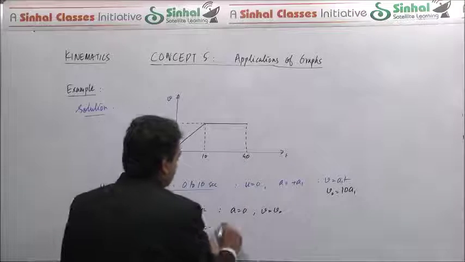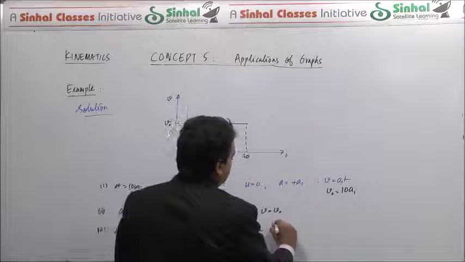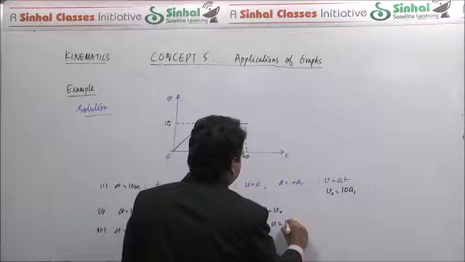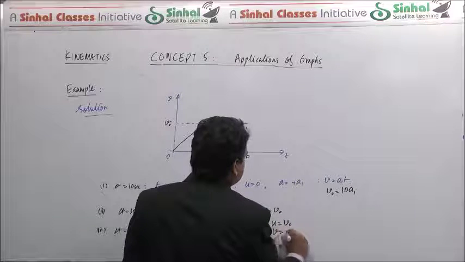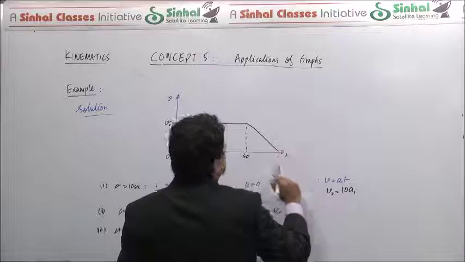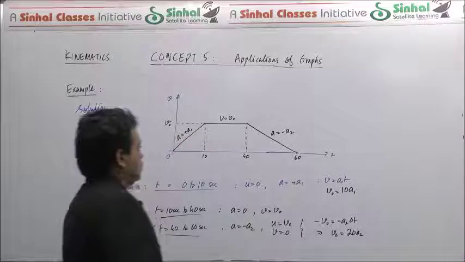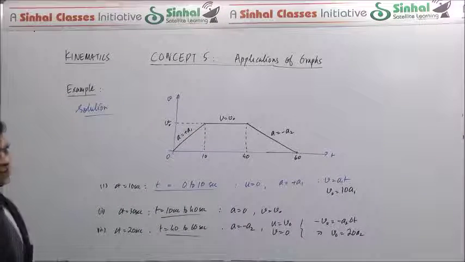During this time, the acceleration is minus a2, the initial velocity is v0 and the final velocity is zero. So in this graph it will show up like this. So we can see v0 is also equal to 20a2.